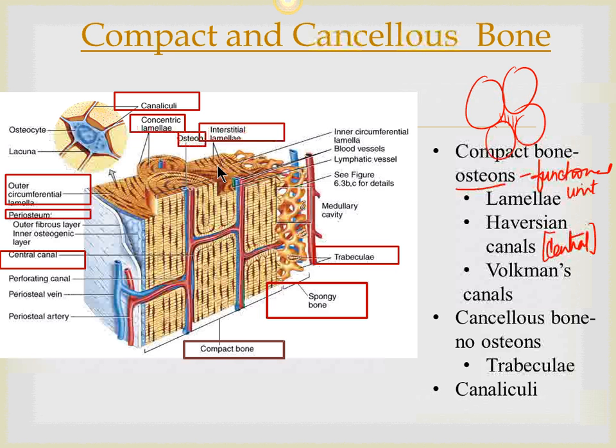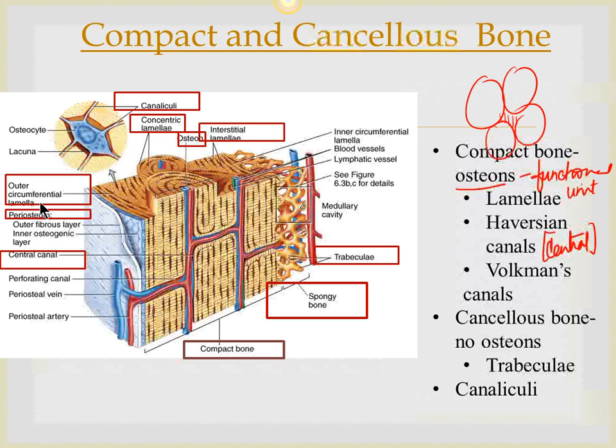And then you have lamellae which encircle the compact bone all the way around on the outside and all the way around on the inside. They don't encircle just an osteon, but they encircle the whole part of the compact bone. These are known as circumferential lamellae. Circumferential means going around the circumference.